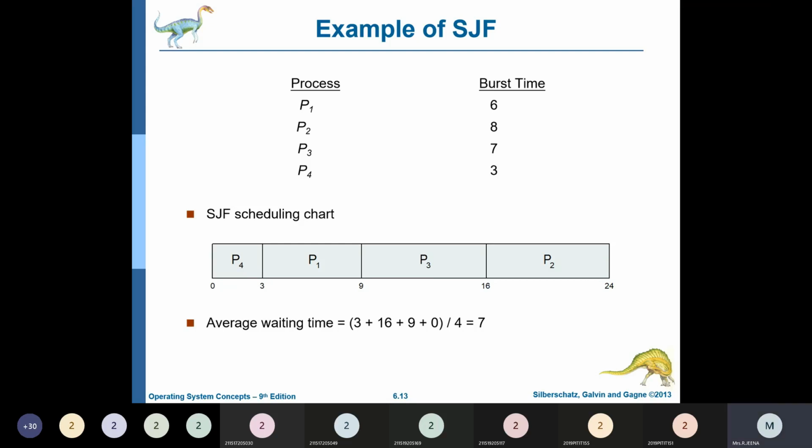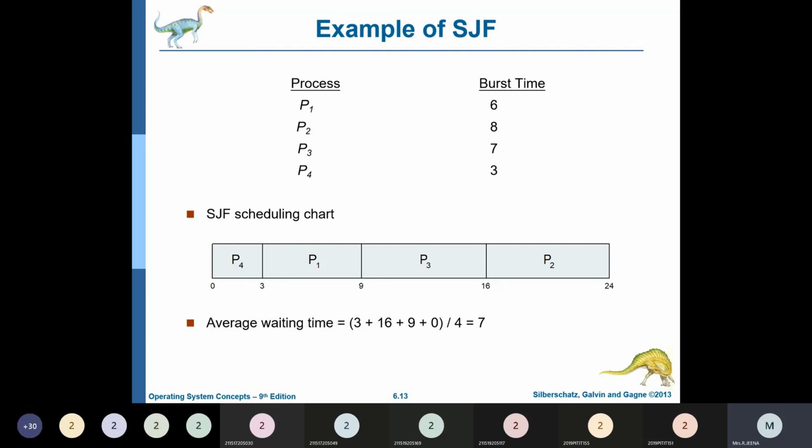Now we should never look at the arrival order. We have to look at the burst time and find the minimum among them. What is the minimum among the burst times? It is 3, right? Which process has a burst time of 3? That is P4.